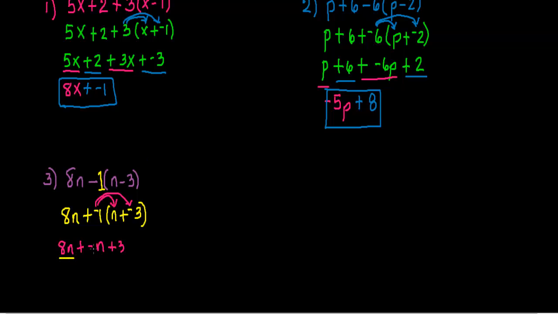I have 8n plus negative n, different signs, subtract, keep the sign of the higher number, which is 8, so this becomes 7n. And the other term that I have is a constant term, and there's no other constant in the expression for me to add this constant term with another term. So we just keep that term, plus 3. And this is the final answer.